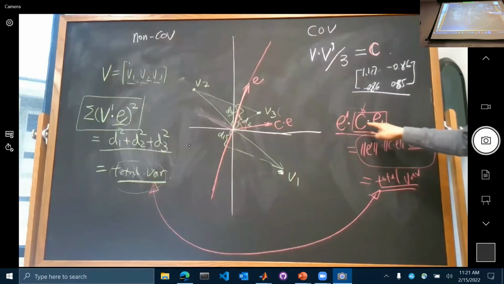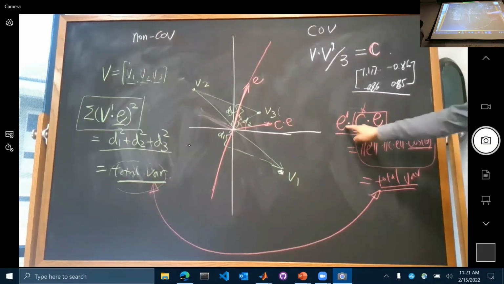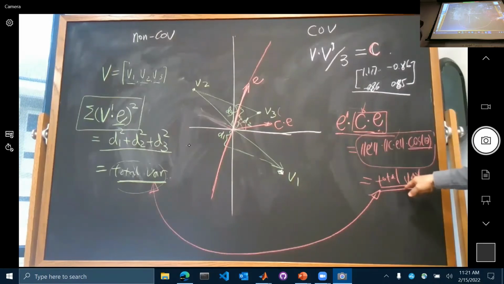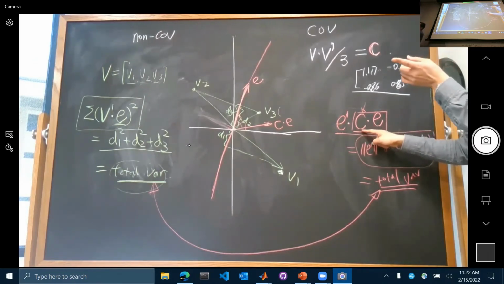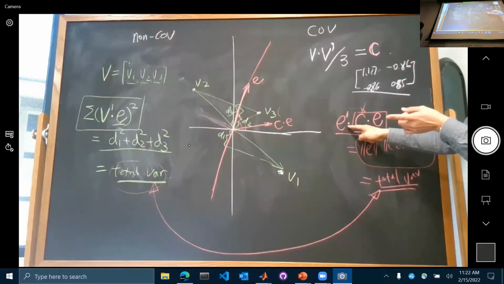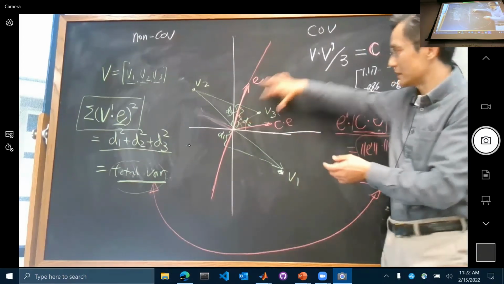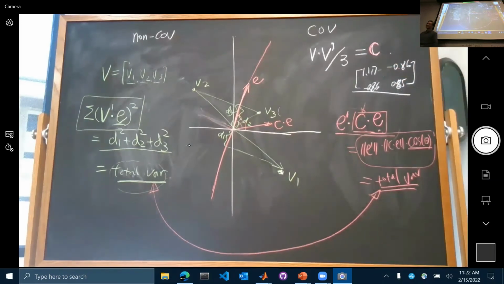Yeah, this times E together is the total variance, because the dot product is a single number, a scalar. So this is a vector, the original vector rotated by your covariance matrix, and then you multiply it with itself. Basically, it's like this.